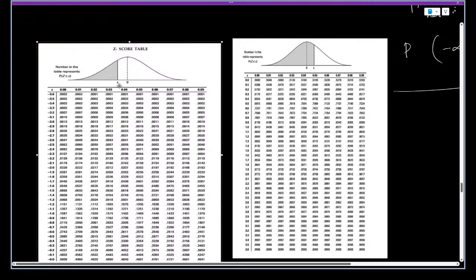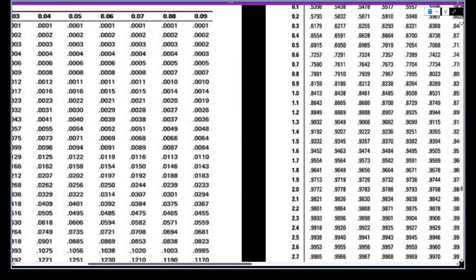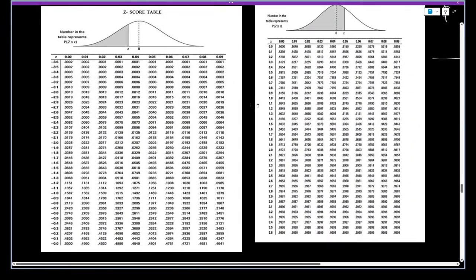This point may be anything. Suppose this point is minus 3.3. Probability less than minus 3.3 is going to be 0.005. Suppose this point is minus 3.45. Just a minute, let me reduce it.